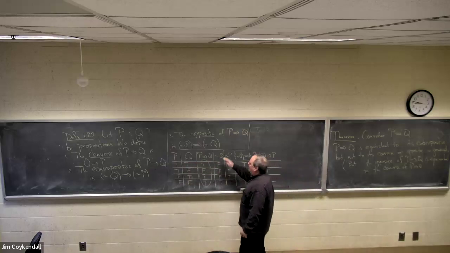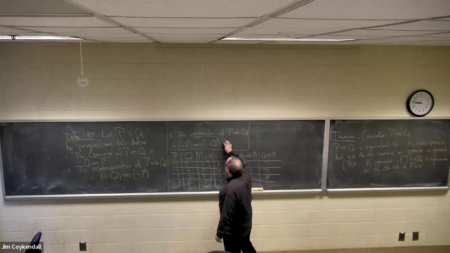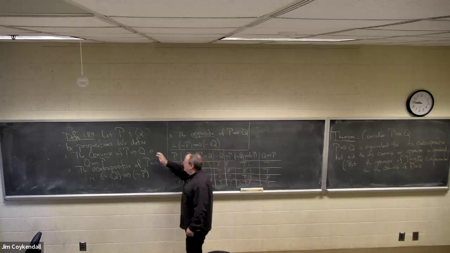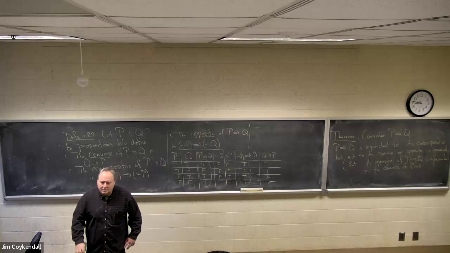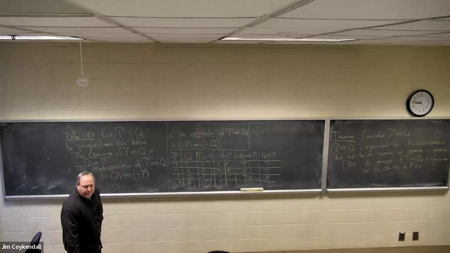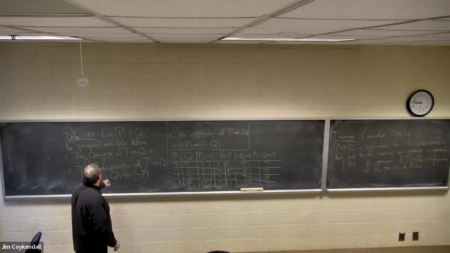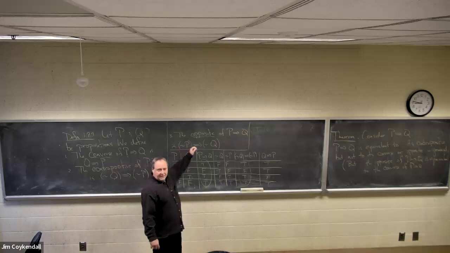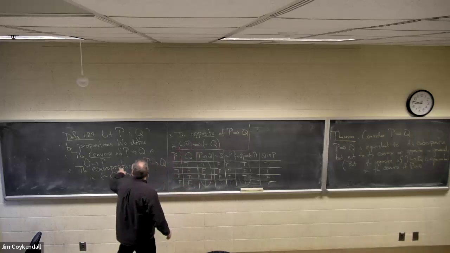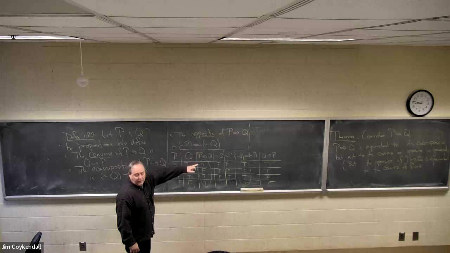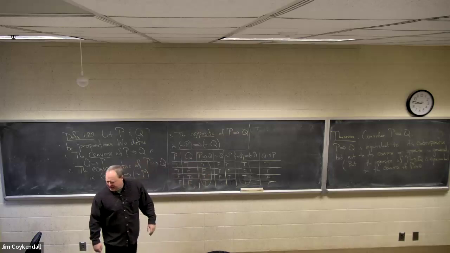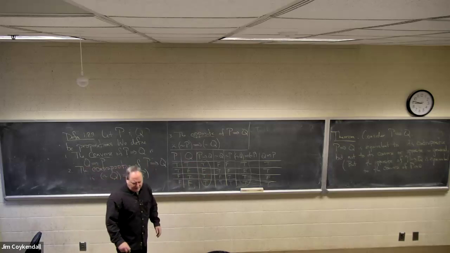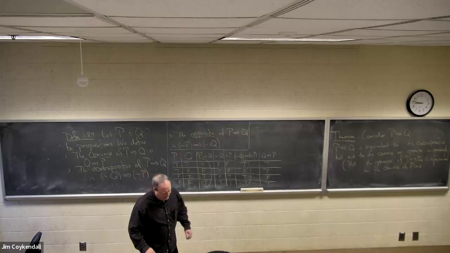Can somebody explain why? Because the opposite of the original is the contrapositive of the converse. That's right. If you look at the contrapositive of the converse, you get the opposite. And so check that out. Look at the table of the converse, which we have over there, and check that against the opposite, and you will get the same table. Okay.